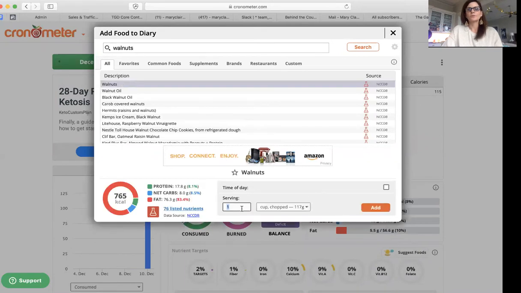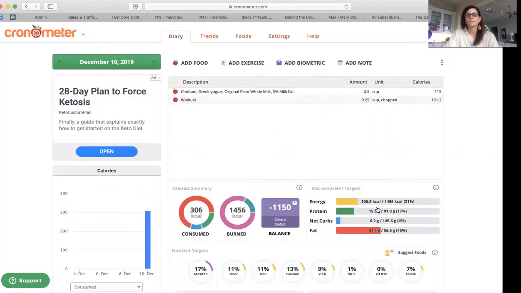And I'm going to do a quarter cup, 0.25, for that. Okay. See my fats starting to come around, carbs and protein. So my protein is at 20, my carbs are at 11, and my fats are at 69. That is pretty balanced within the Galveston Diet.